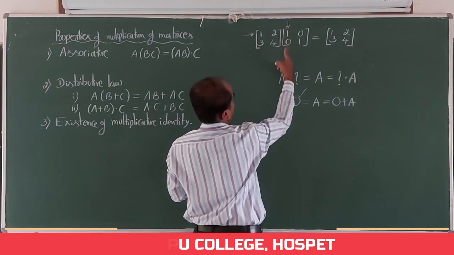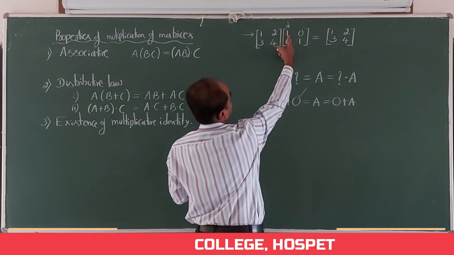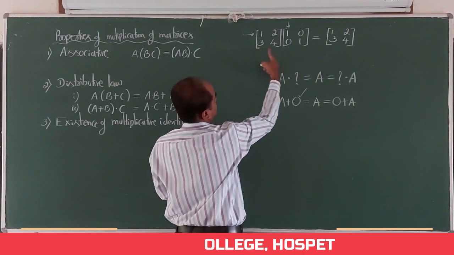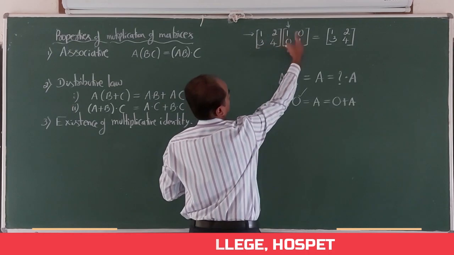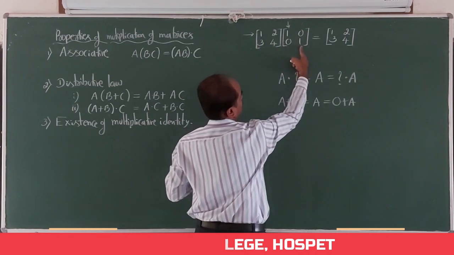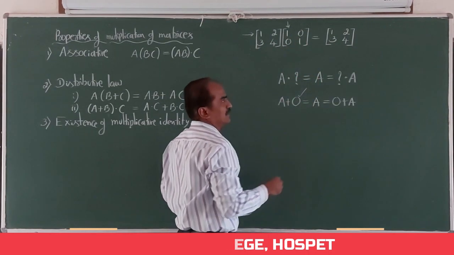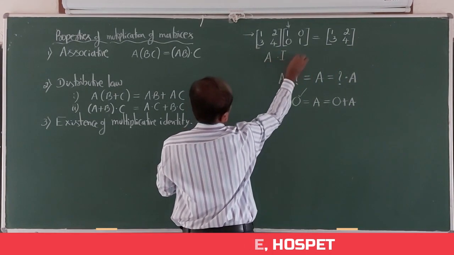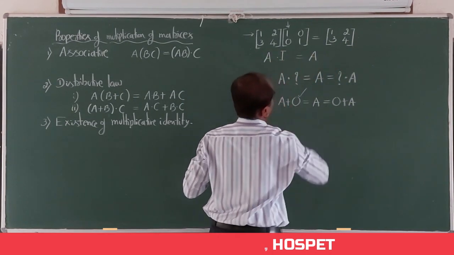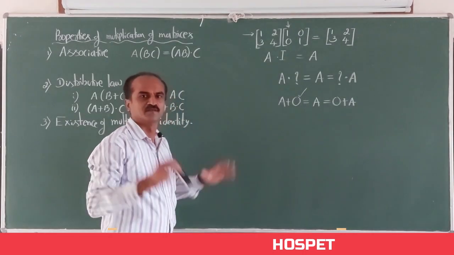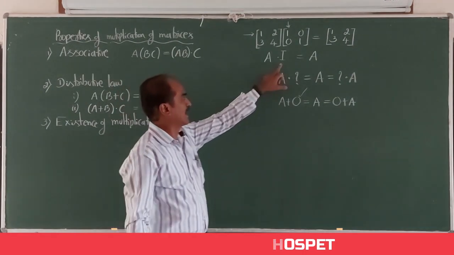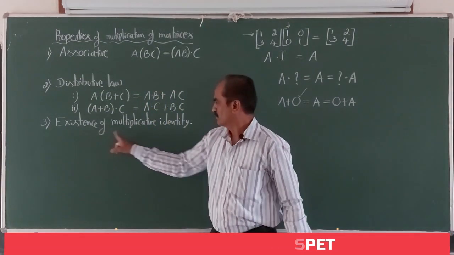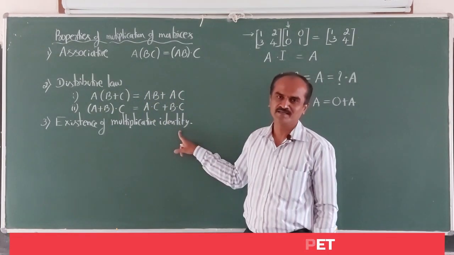Second row, first column: 3 into 1 plus 4 into 0, that is 3. Second row, second column: 3 into 0 plus 4 into 1, that is 4. You are going to get the same matrix. When A is multiplied with I, you are ending with A. So therefore, identity matrix is treated as multiplicative identity.